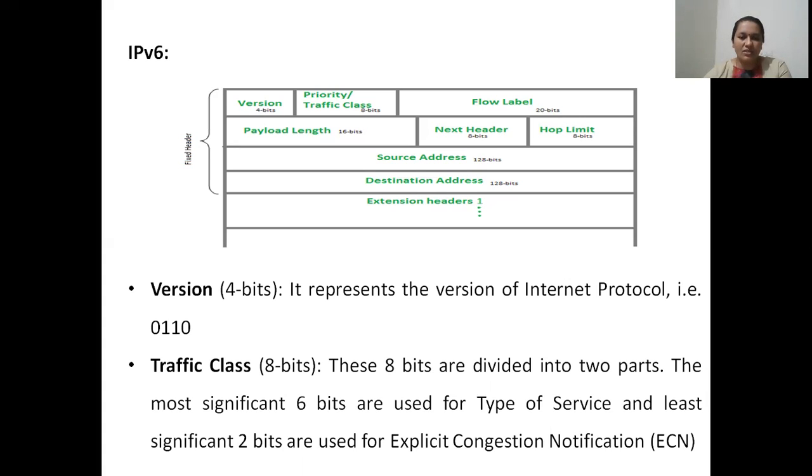All these details can be indicated under type of service. And the least significant 2 bits of this traffic class indicate the explicit congestion notification, which will be set in case the network is congested due to heavy traffic.